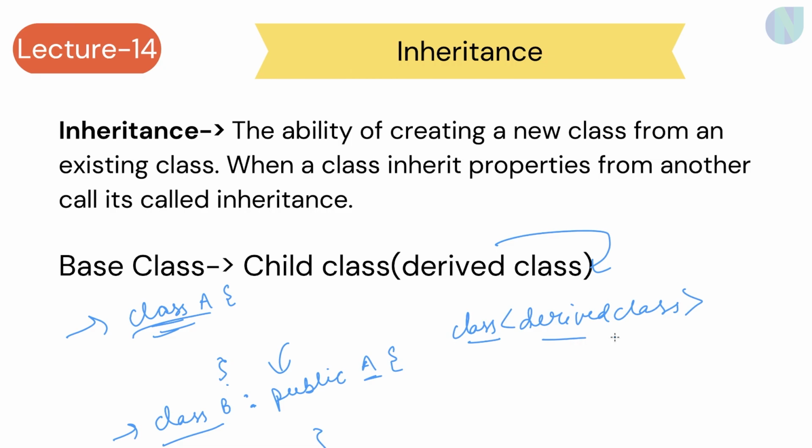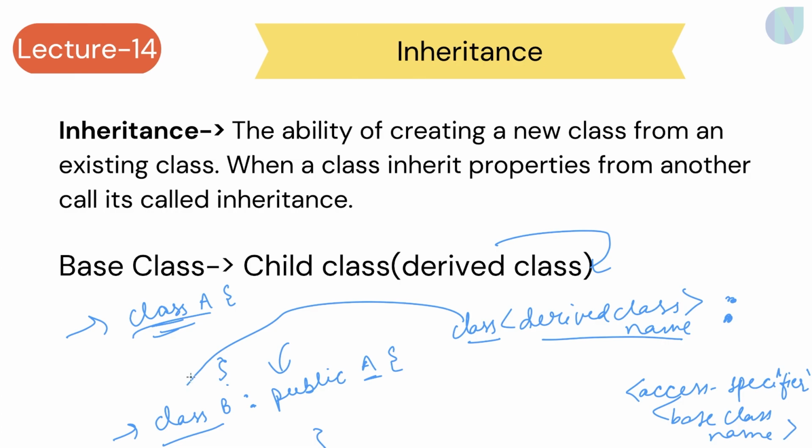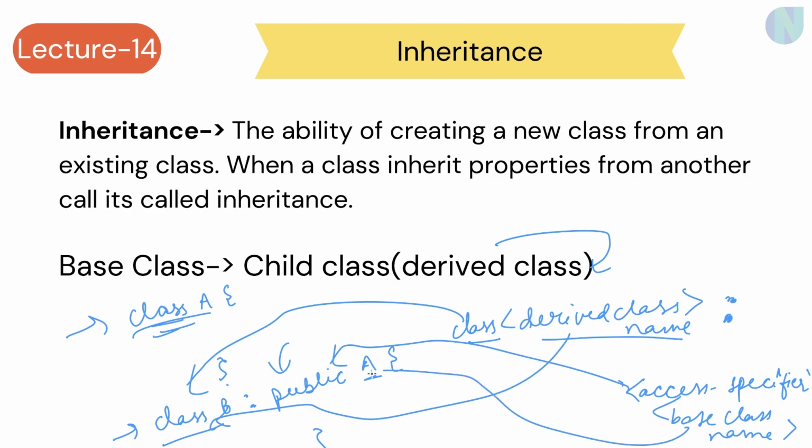Class keyword, then the derived class name, then a colon, then the access specifier and then the base class name.